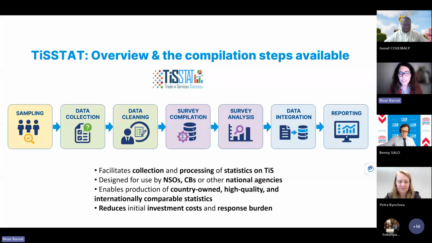So what is TiSSTAT in general? Before I give the floor later to Benny to explain more in detail, I want to give you just an overview. TiSSTAT is a full system that facilitates the collection and processing of statistics on trade in services. It is designed to be used by the NSO, the central bank, or another national agency in charge of collecting the data officially in the country.